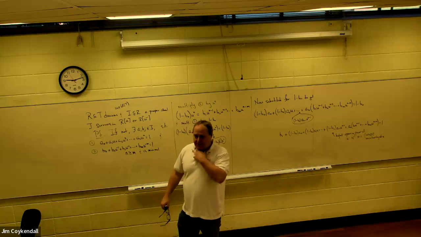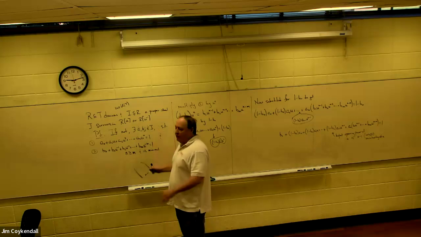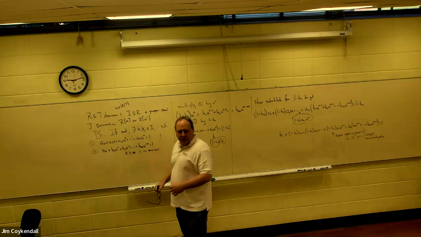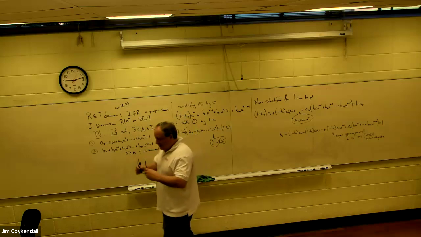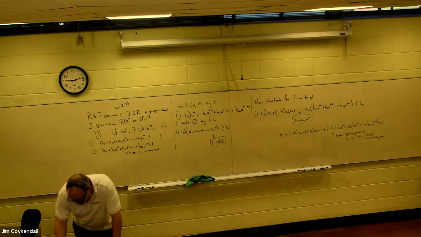Everybody okay with that? Hence, that proves the theorem: if you have a proper ideal in R, then it survives in at least one of R[U] or R[U inverse]. Any questions on that?